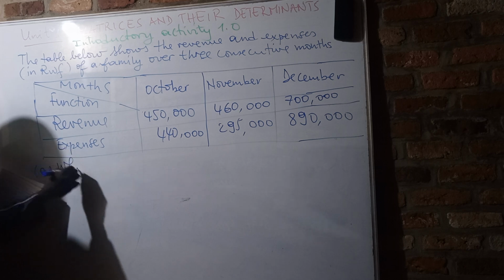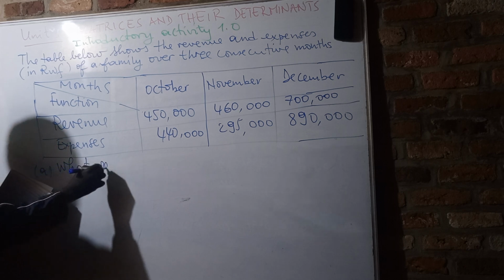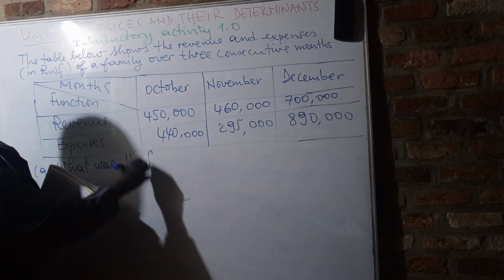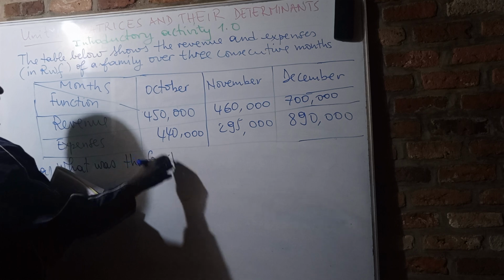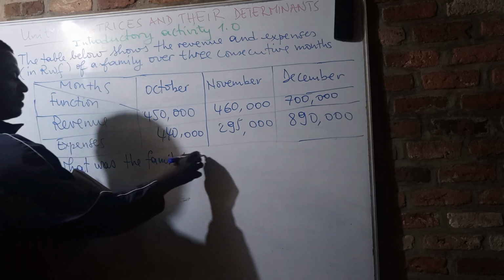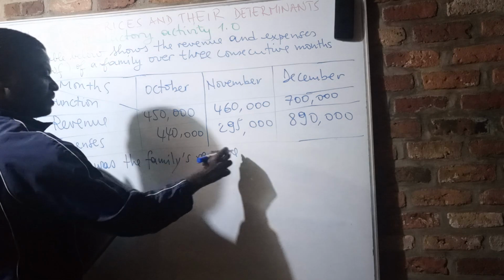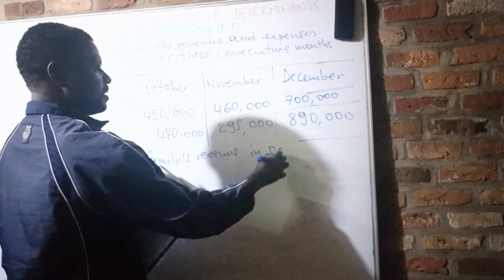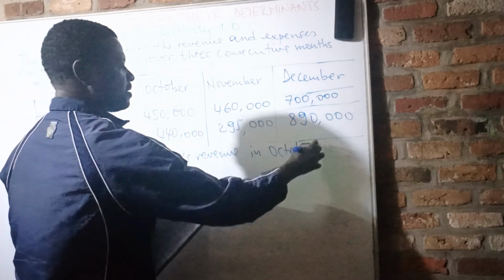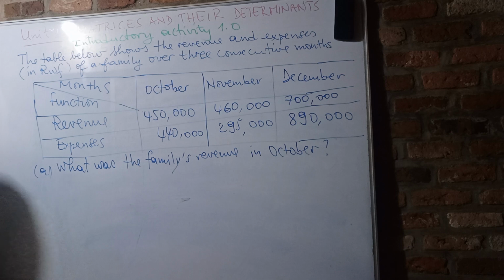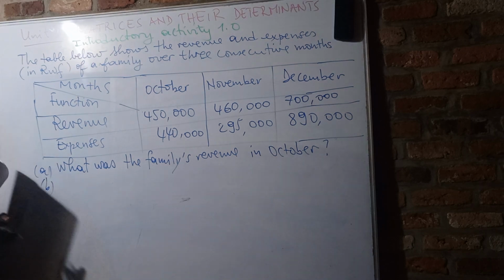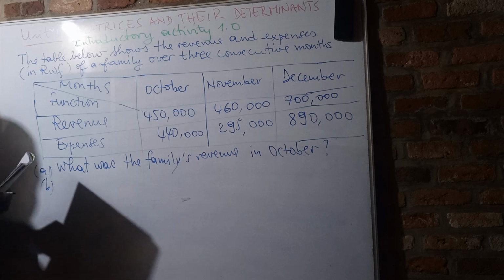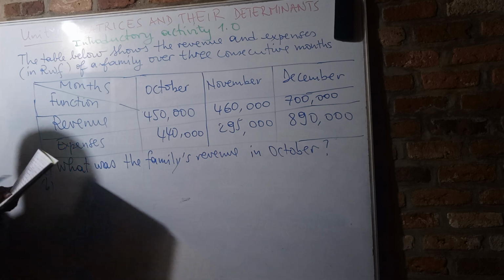What was the family's revenues? Revenue actually in October. Okay, so now B. Question, by how much money did the family's revenues increase from October to November?